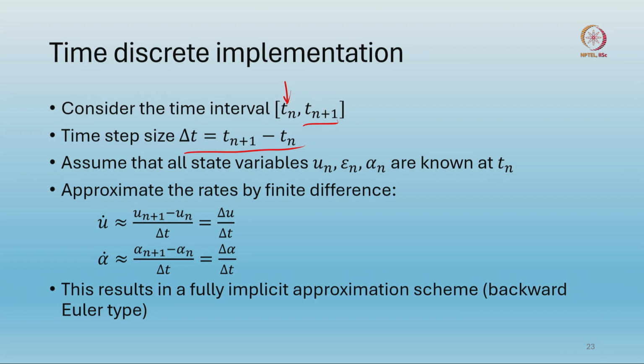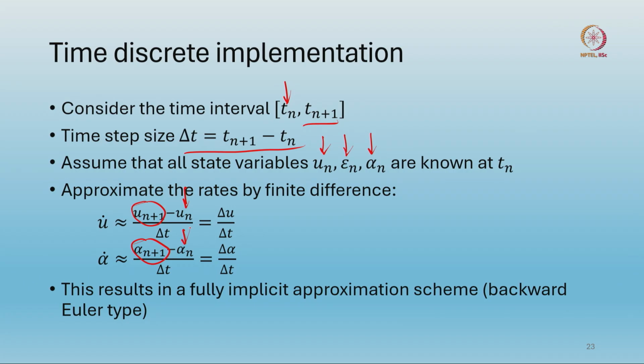Assume that all the state variables like un, epsilon n, alpha n are known at Tn, and then to determine the rates, that is the time rates u dot, use the finite difference, so that you write this in terms of un plus 1, alpha n plus 1, these are basically unknowns, these are knowns, right, these are already known.